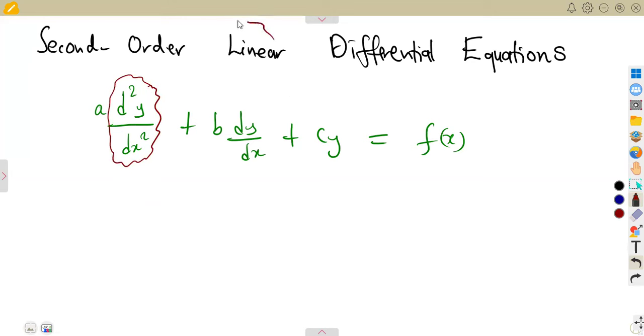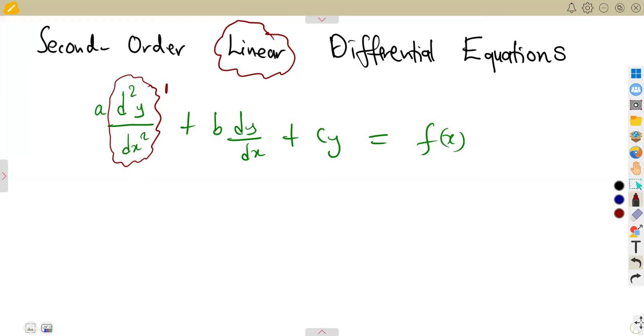And to be linear, that means that it is being raised to the exponent of 1. It must not be raised to any other exponent.